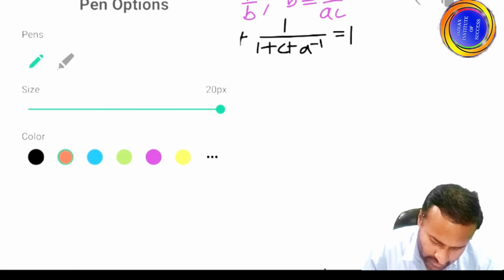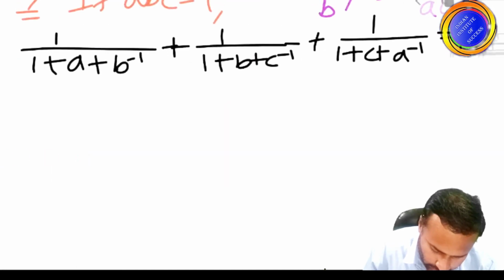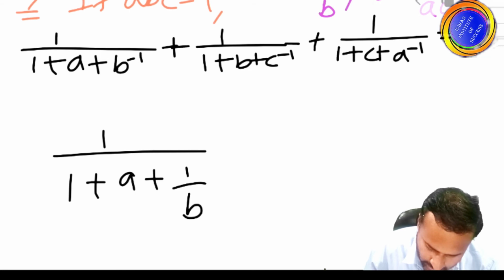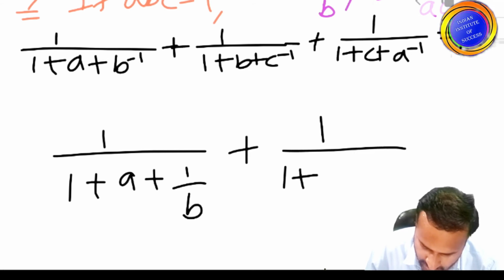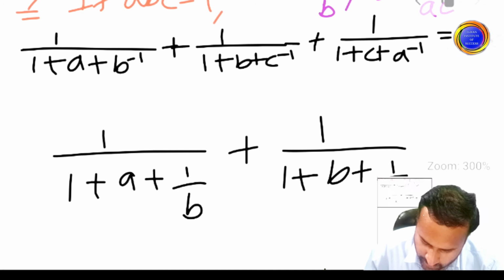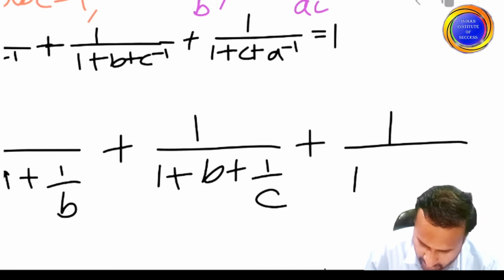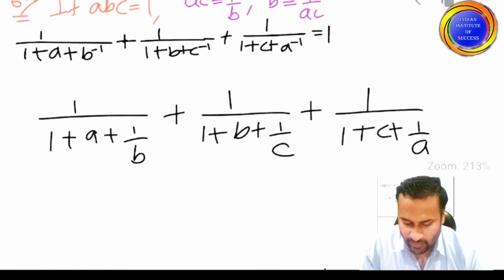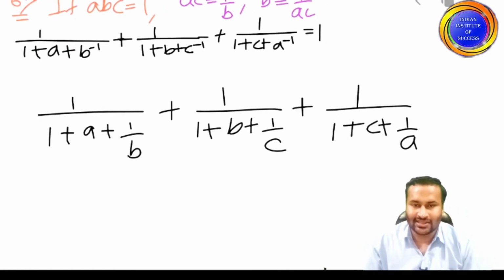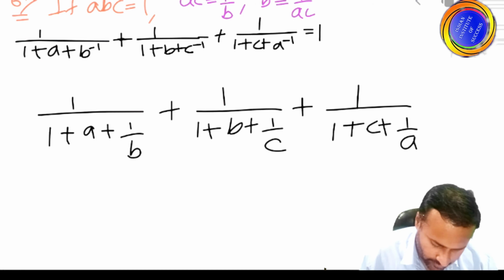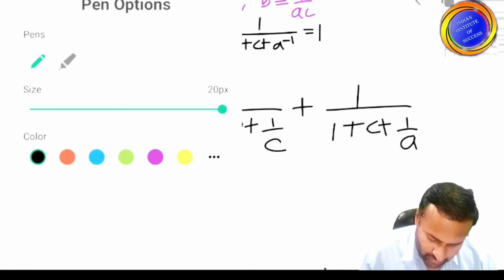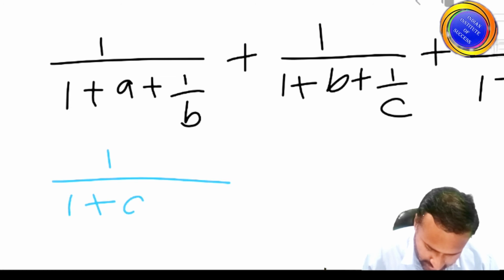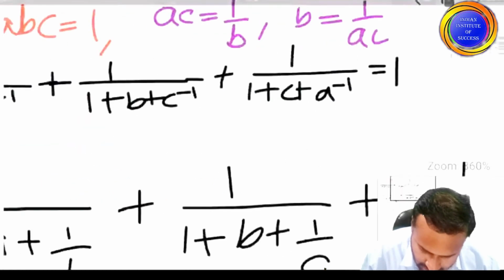So here it will become 1 plus a plus 1 upon b, plus 1 plus b plus 1 upon c, plus 1 upon 1 plus c plus 1 upon a. Now instead of b I will write the substitute term, one by one. So 1 plus a plus 1 upon b equals ac here.